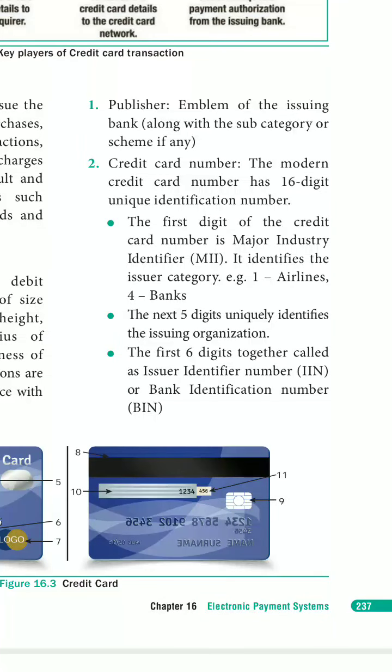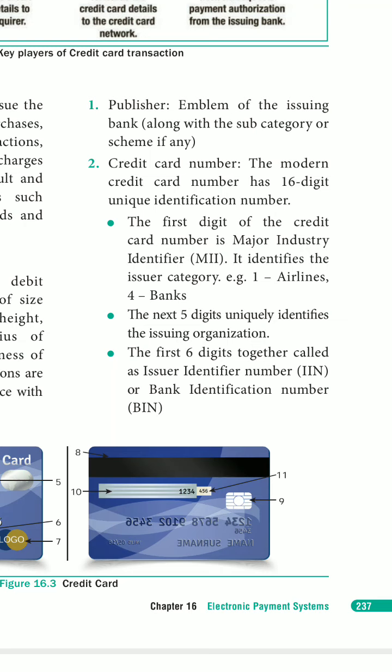So Visa or Mastercard or RuPay card can be decided by using the first four digits of the card number. Okay, it identifies the issuing card category. One means airlines, four means banks.